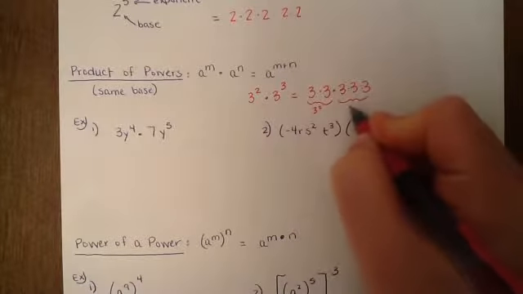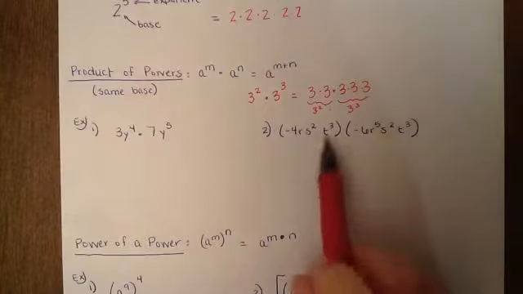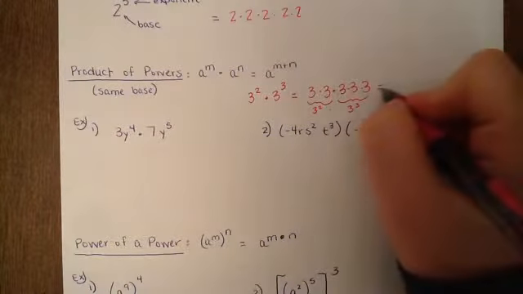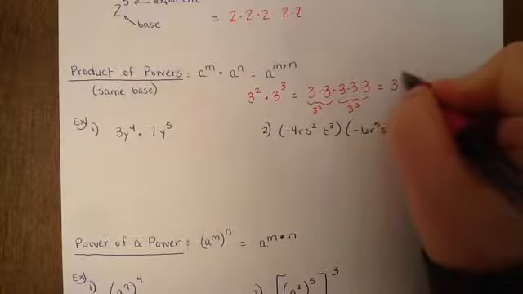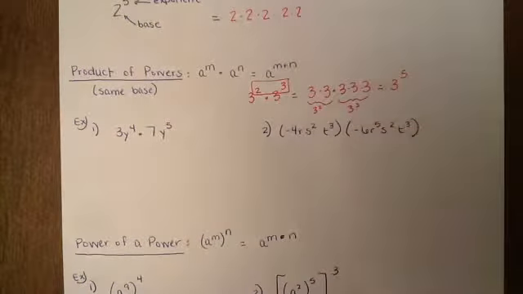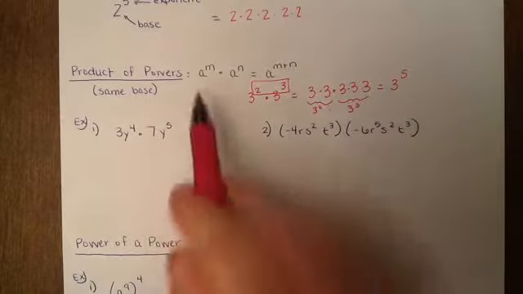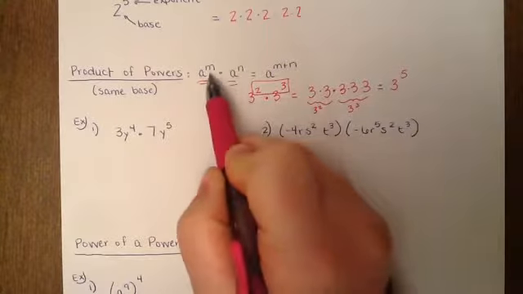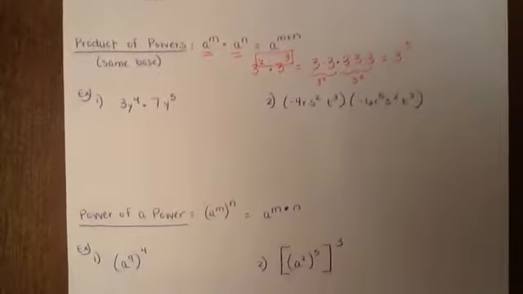Here's my 3 cubed. How many 3's do I have all together being multiplied? 5. 3 to the 5th. 2 plus 3 equals 5. If you have the same base times, you are going to add your exponents.